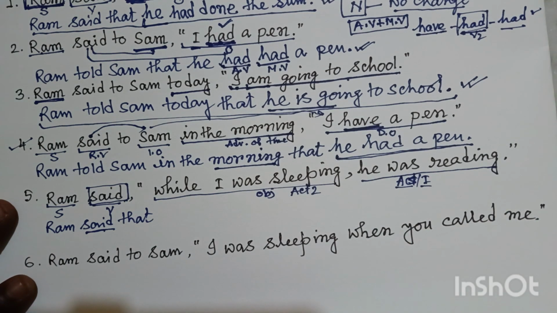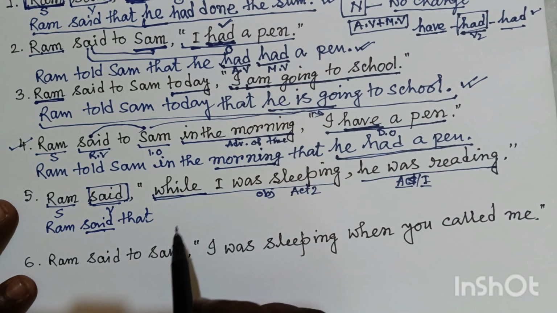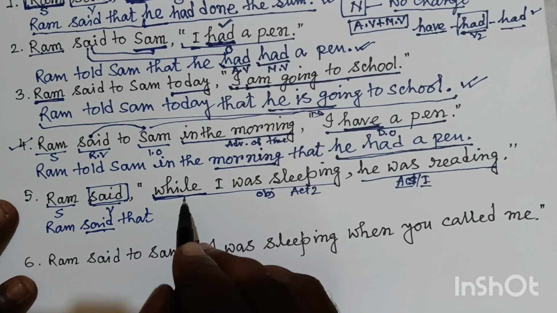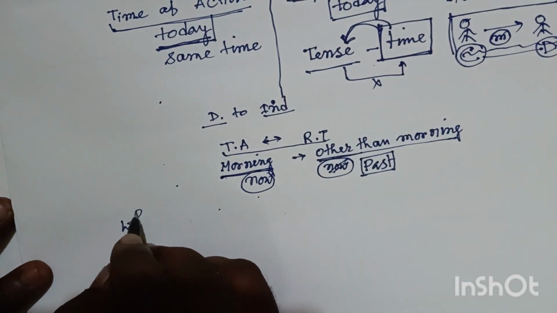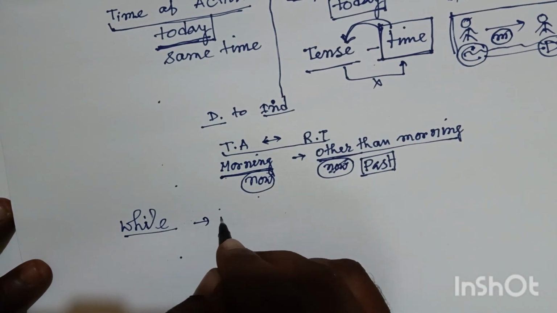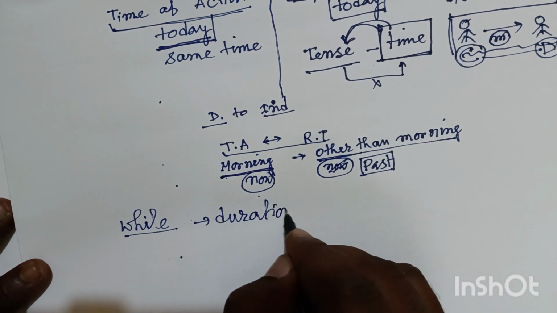Now friends, you try to understand. Here we have used the subordinating conjunction while, and this while denotes duration of time, duration of action.